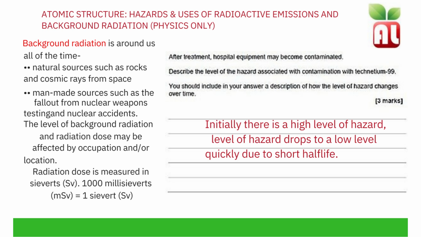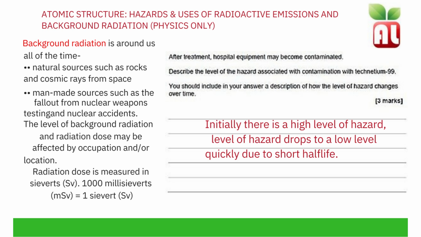The level of background radiation and radiation dose may be affected by occupation and/or location. Radiation dose is measured in sieverts. 1,000 millisieverts are equivalent to 1 sievert.